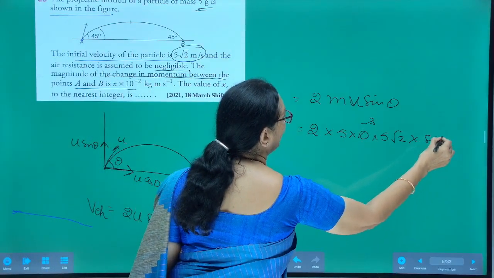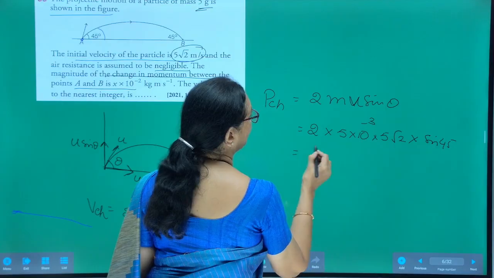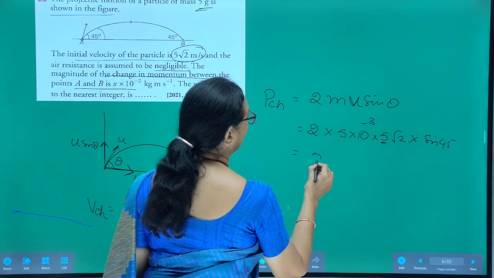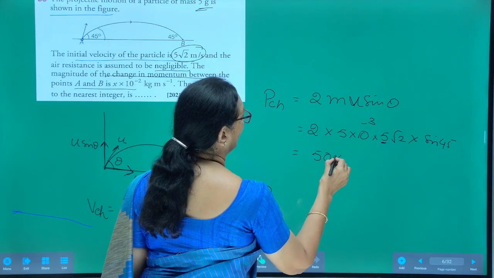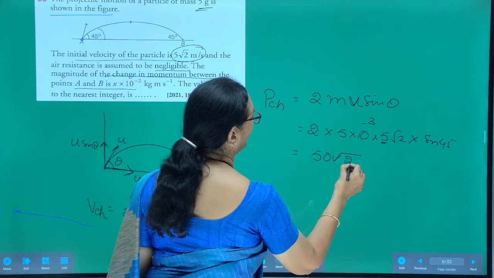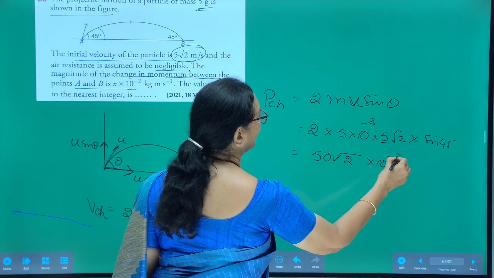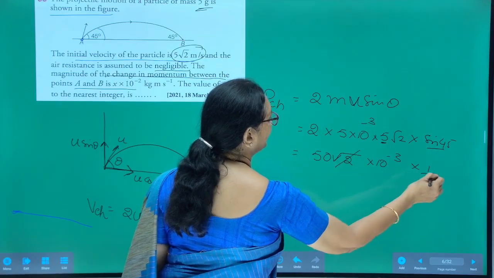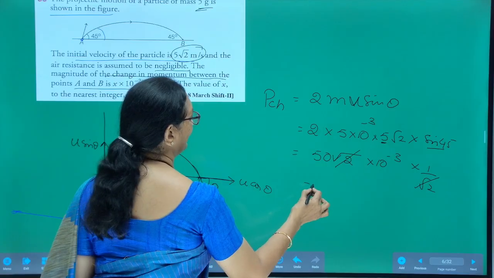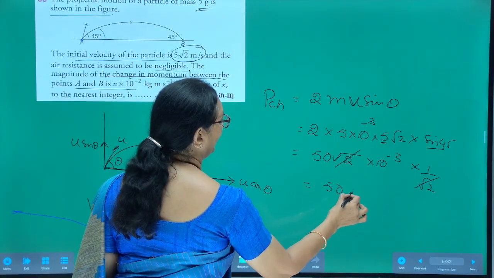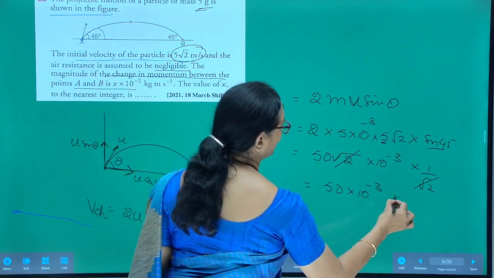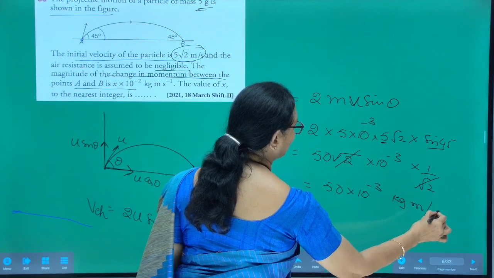So, 2 into 5 into 5 root 2 into 10 to the power of minus 3, 50 root 2 into 10 to the power of minus 3. Sin 45 is 1 by root 2. This and this get cancelled. It is 50 into 10 to the power of minus 3 kg meter per second.